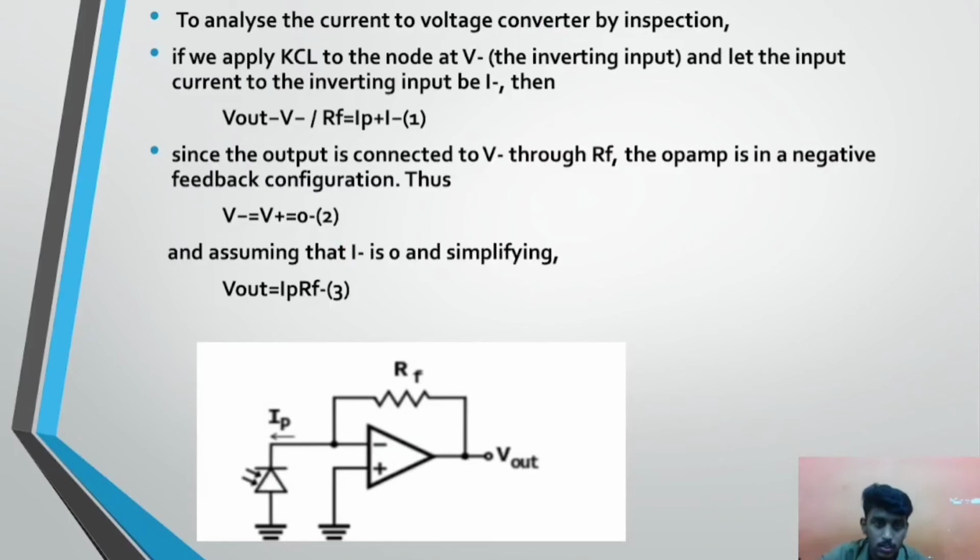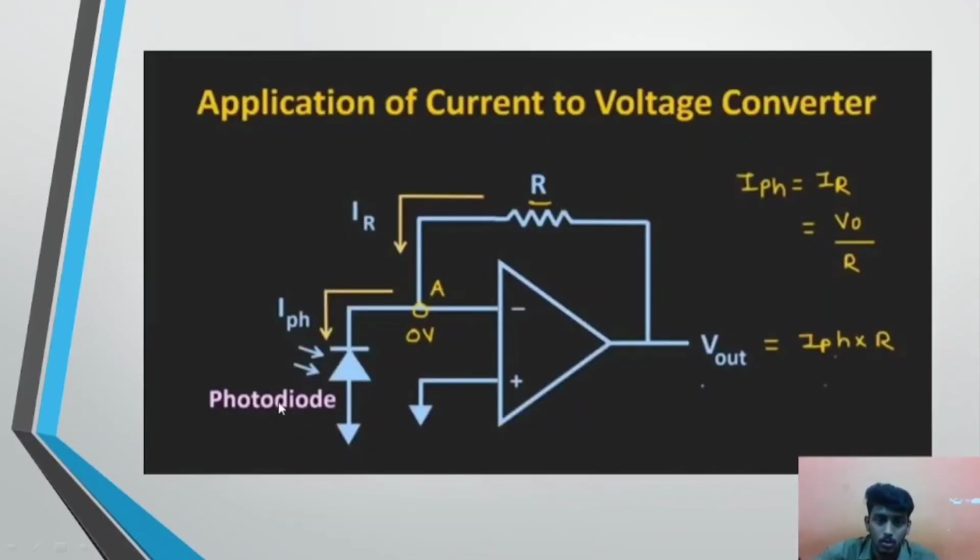Let us go to the next slide, which covers the application of current to voltage converter using photodiodes. In the photodiode circuit, this op-amp is used. The photodiode is connected to the inverting terminal, with the N junction toward the op-amp and the P junction connected to the ground.